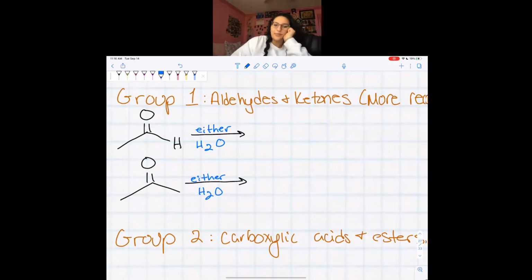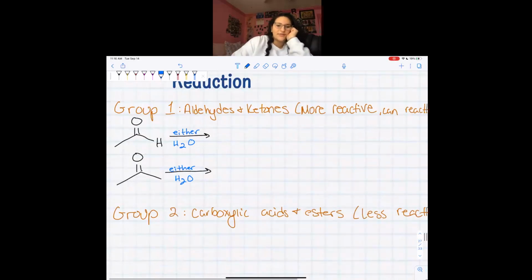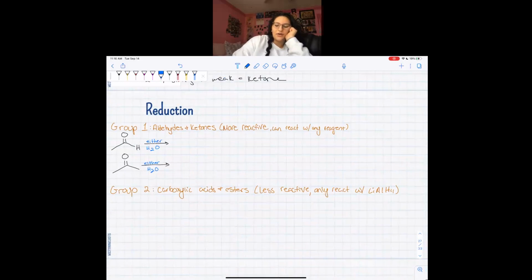And the really important thing here is for reduction reactions, we have our reducing agents, which are LiAlH4 and NaBH4. But more importantly, we have our reducing species, which is more specifically the actual thing that's doing the reducing.